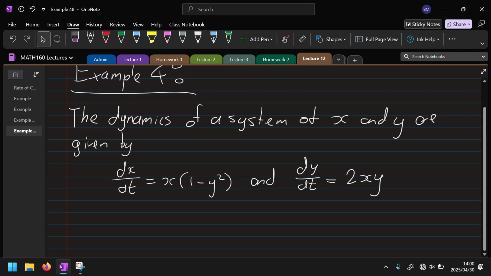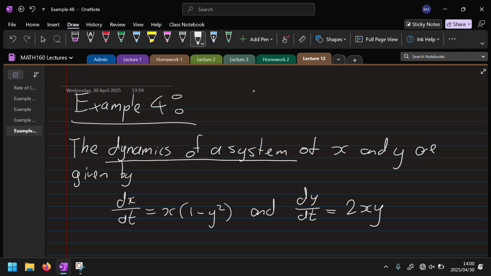Okay, so here this is just a very general type of problem. So dynamics of a system. Okay, so in practice, the system can really be anything. There's a few examples we'll look at. So it can be like populations. So you can have population X and population Y, okay, and they're changing.